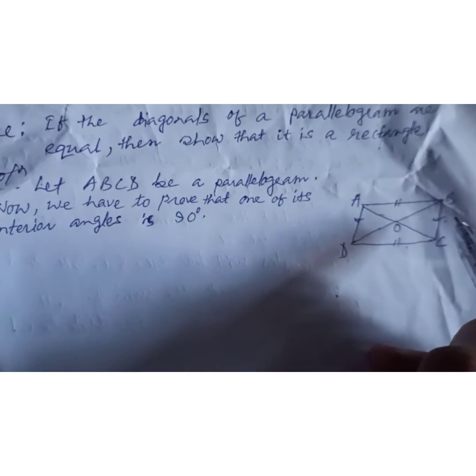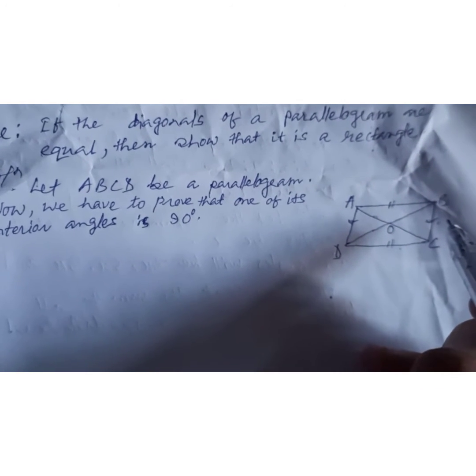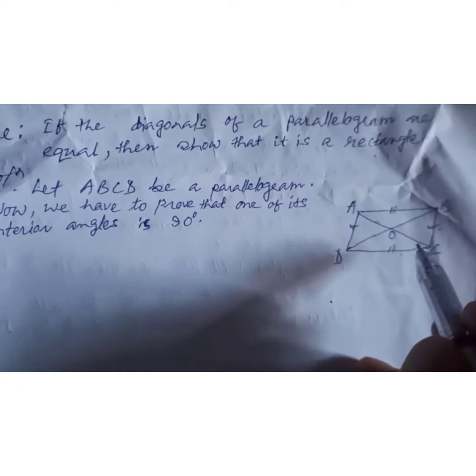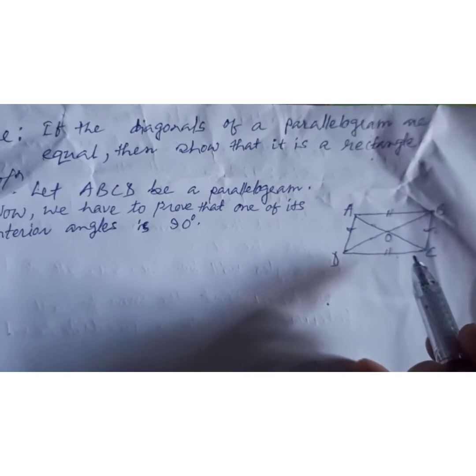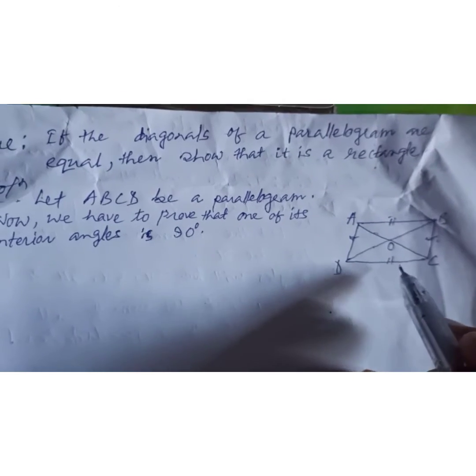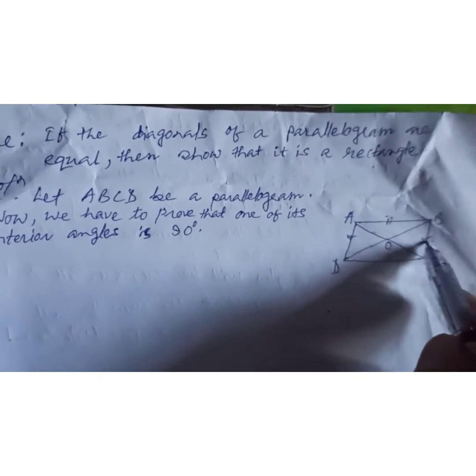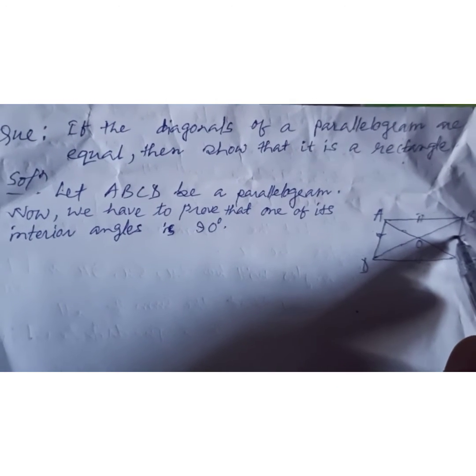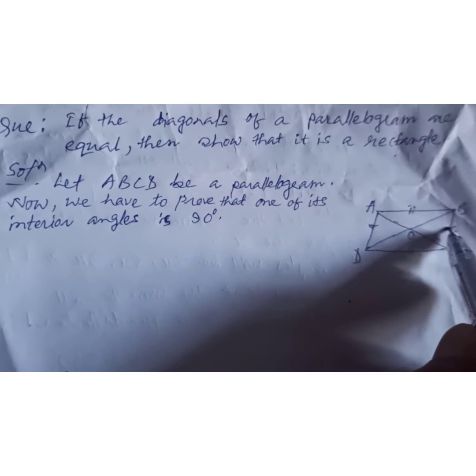Now we know that in a rectangle, opposite sides are equal, but in the case of a parallelogram also, opposite sides are equal. This is the main point you should learn.